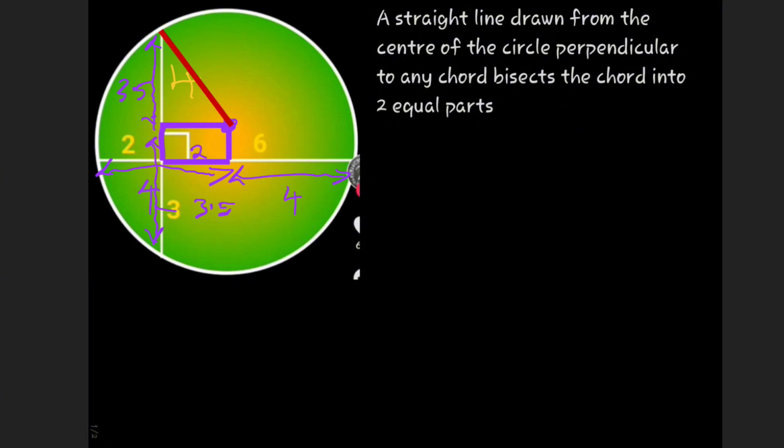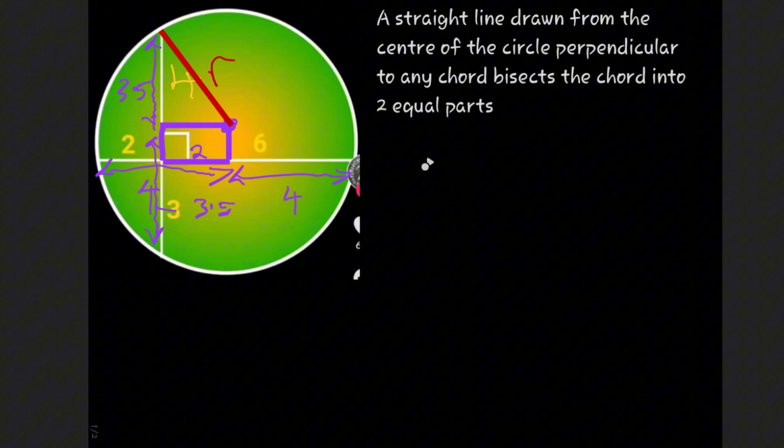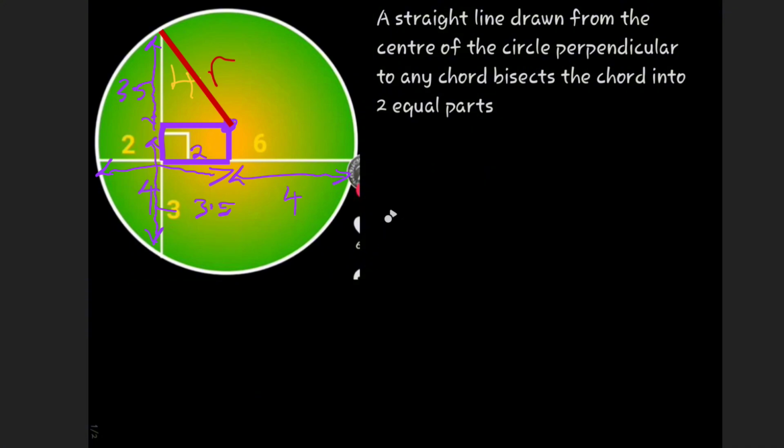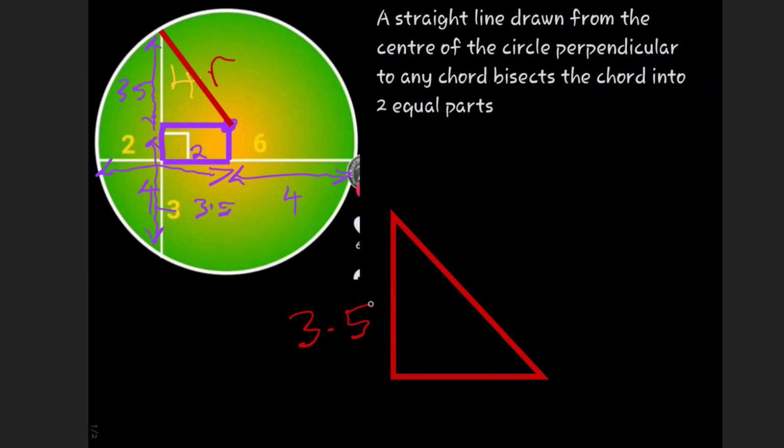What makes this special is that it gives us a right angle triangle. So I have this right angle triangle. The length here is 3.5, so I write 3.5 here. And the length here is 2 because of the rectangle-like figure here.